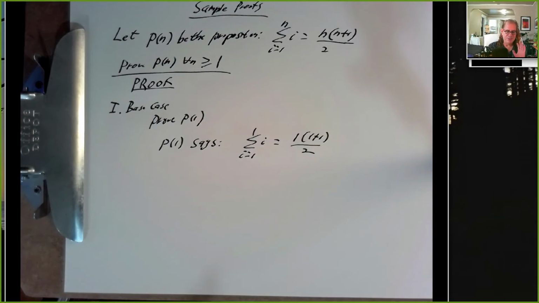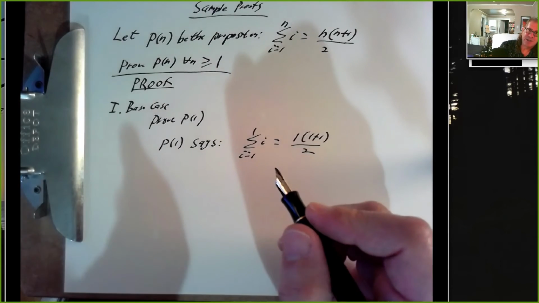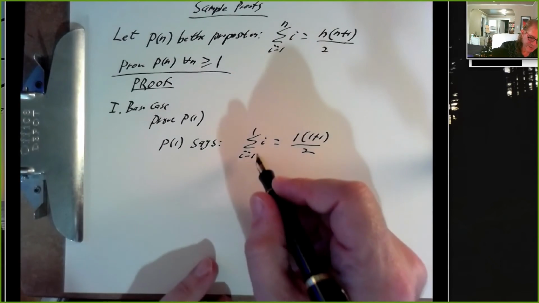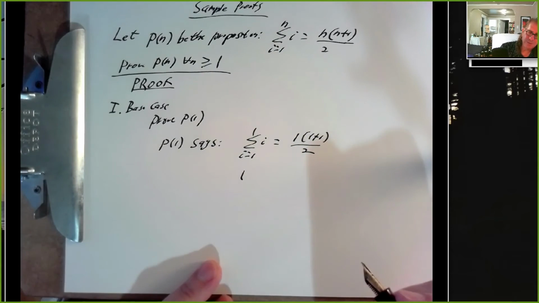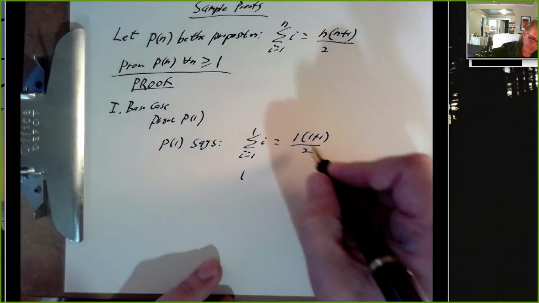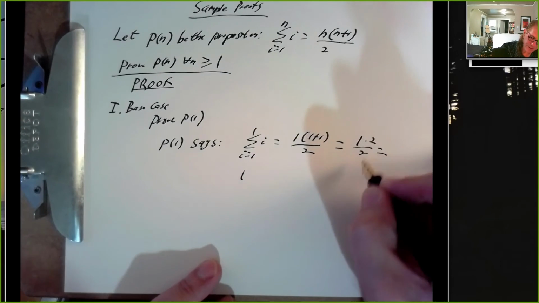Okay, now I'm just dealing with plain numbers here. So I'm not going to transform these, I'm just going to show what they're equivalent to. The sum from i equals 1 to 1 of i is just 1. And 1 times (1 plus 1) over 2 is 1 times 2 over 2.